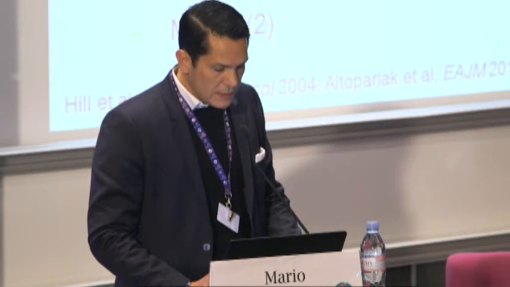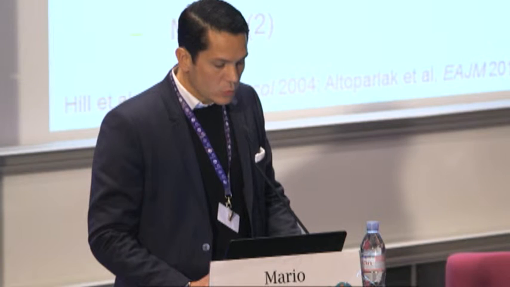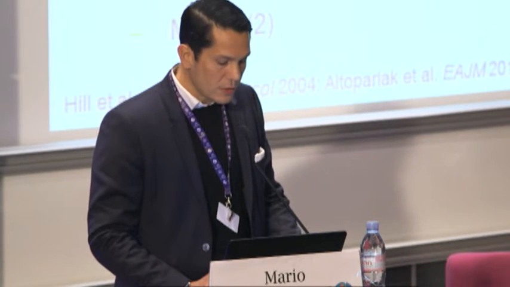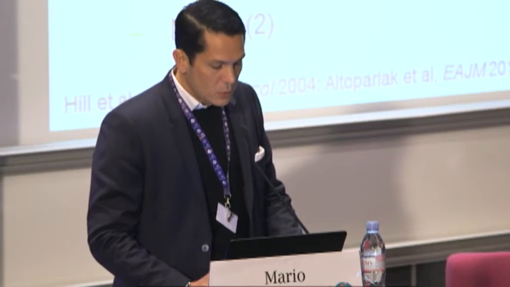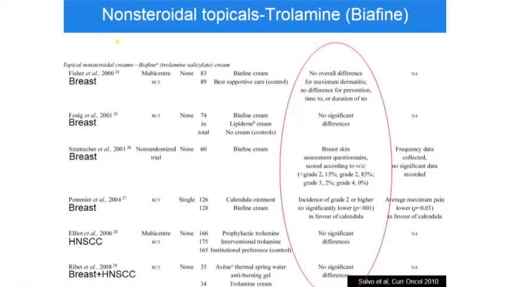In this study, 62 patients of all grades of radiation dermatitis were analyzed, and infections were reported in 23% of these patients, and the risk was greater, not surprisingly, with a higher grade of radiation dermatitis. The most common pathogens found in that study were methicillin-resistant staph species, followed by Candida and methicillin-sensitive staph species.